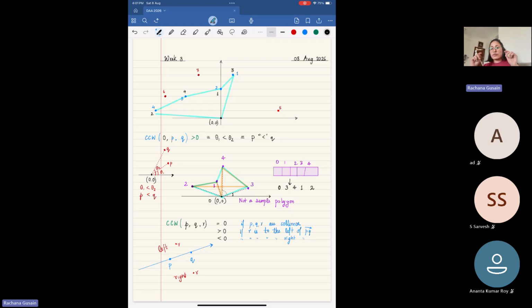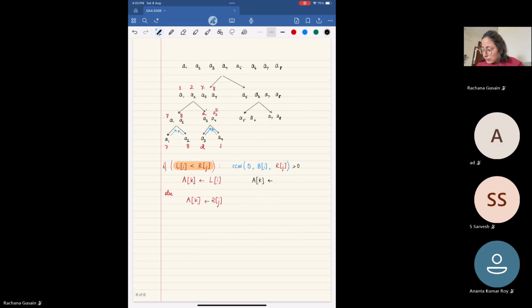Less than under quotes, meaning that P must come before Q. So in this case I'm going to take Bi, else Ak must be Rj. So is this clear?